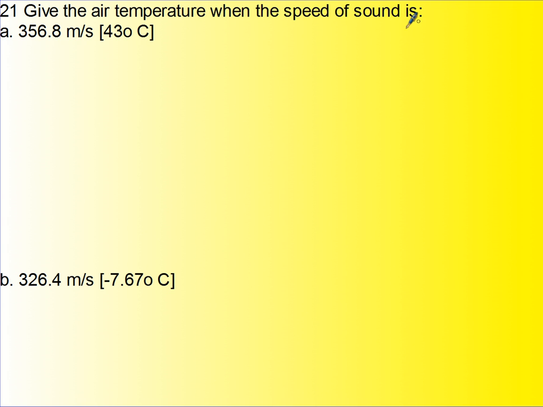Now give the air temperature when the speed is given. In this case, the speed is 356.8 meters per second, and I want the temperature. So we're going to need to do some solving.